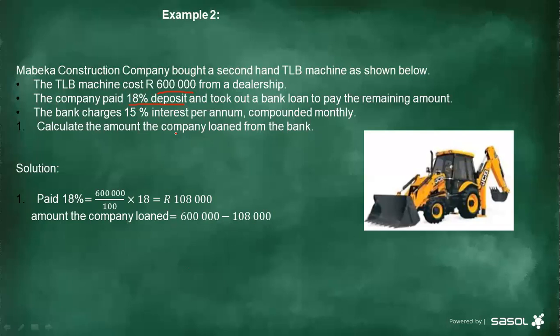So it's going to be 600,000 minus 108,000. Then the amount is 492,000. That is the amount of money this construction company borrowed from the bank, because it was the remaining amount.